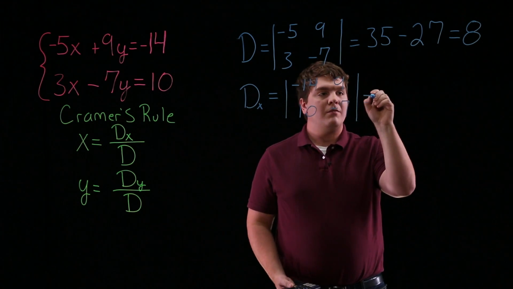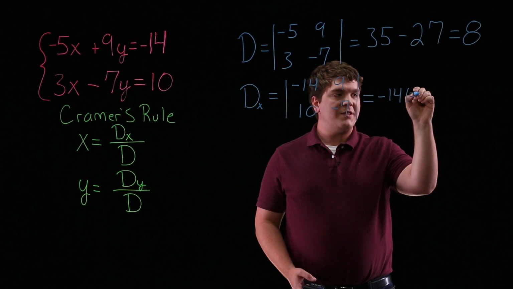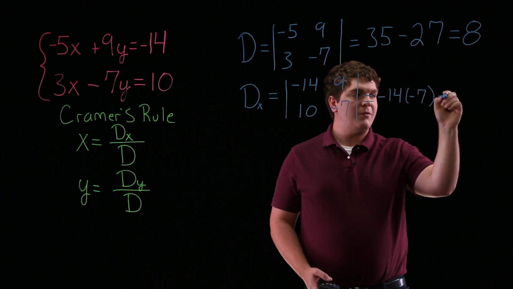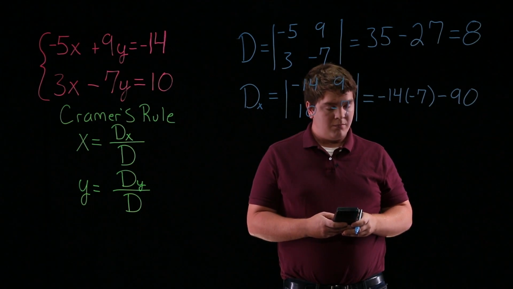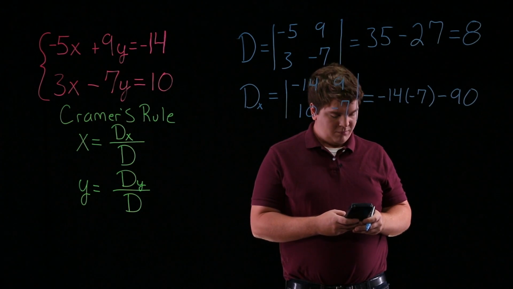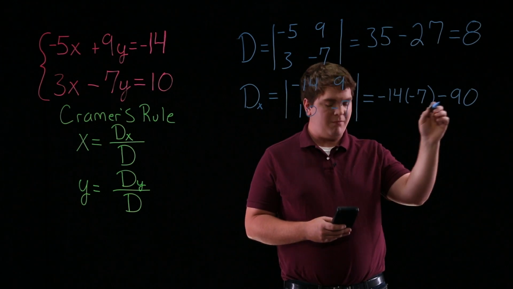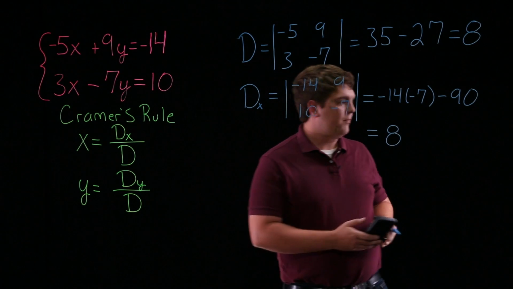So this determinant is going to be equal to -14 times -7 minus 9 times 10, which is 90. So this is 98 minus 90, which is equal to 8.